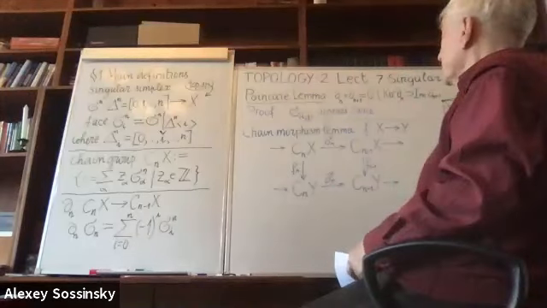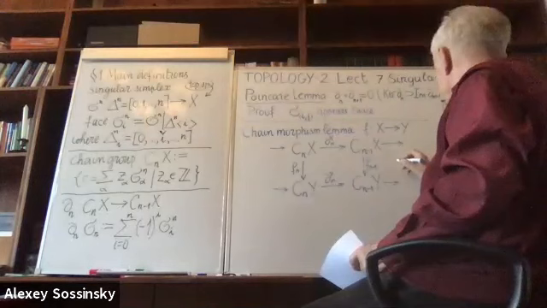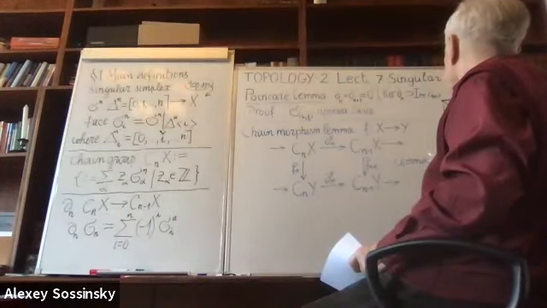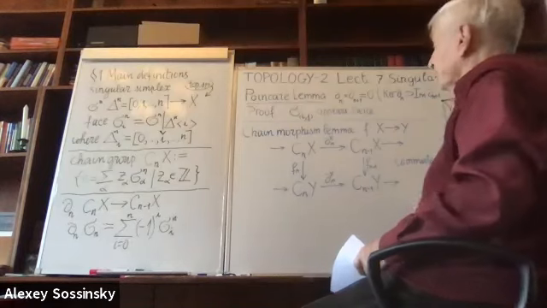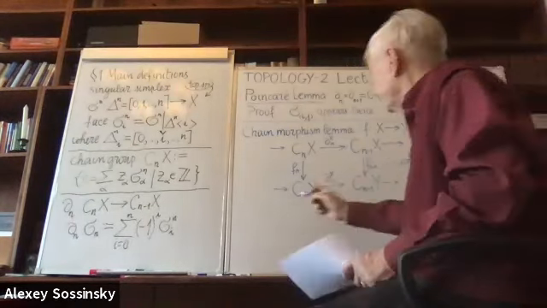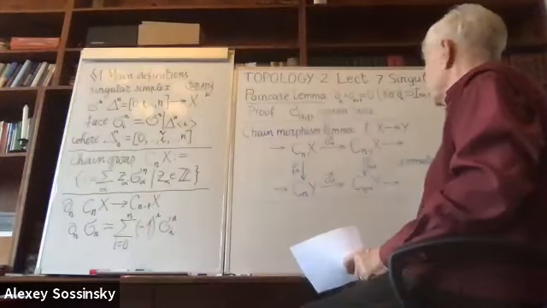And the chain morphism lemma says that the square commutes. This lemma follows directly from the definitions. You just have to apply the definitions to check that.